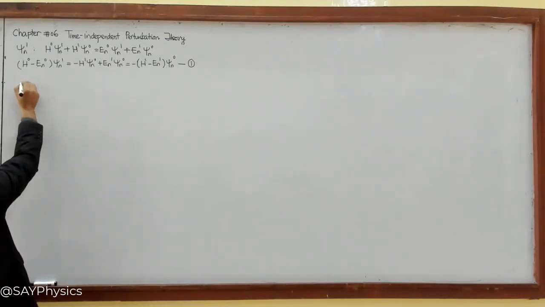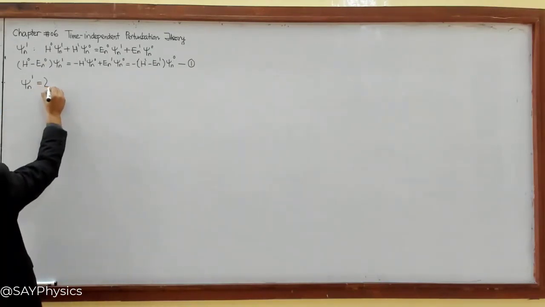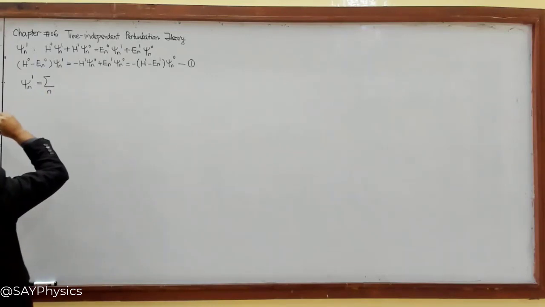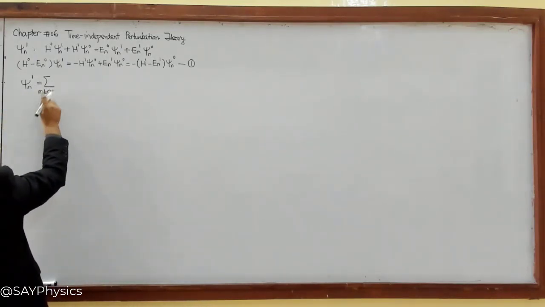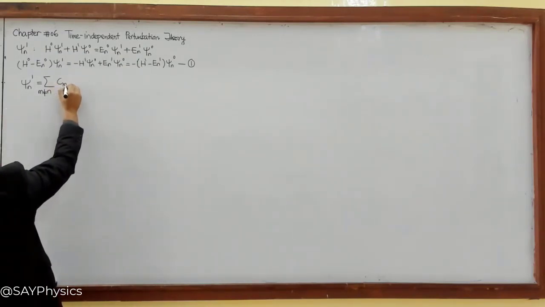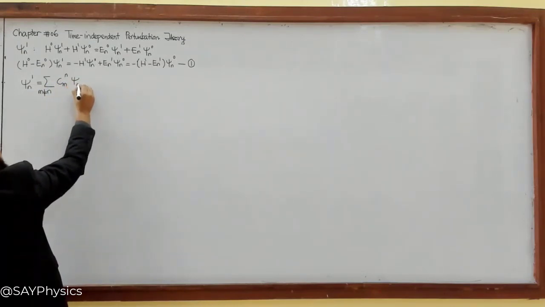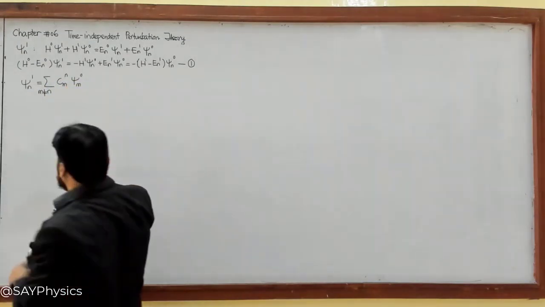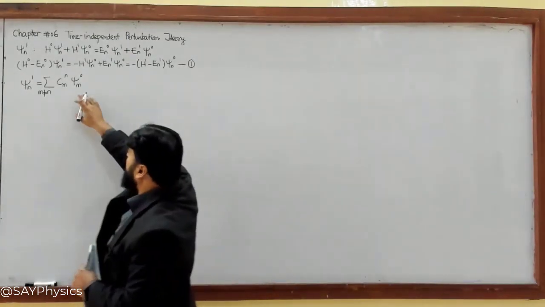I can write psi n1 is equal to the summation over m, m not equal to n, of Cmn psi m0. Can I write it like this?